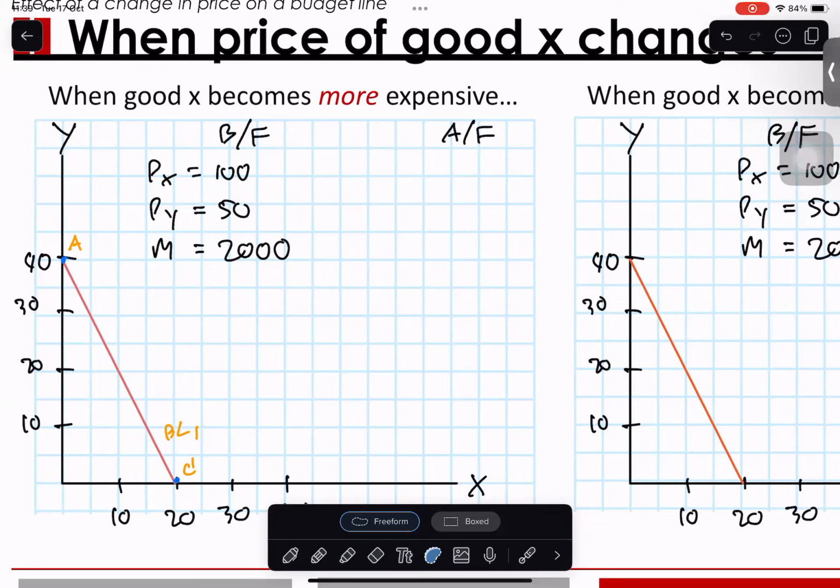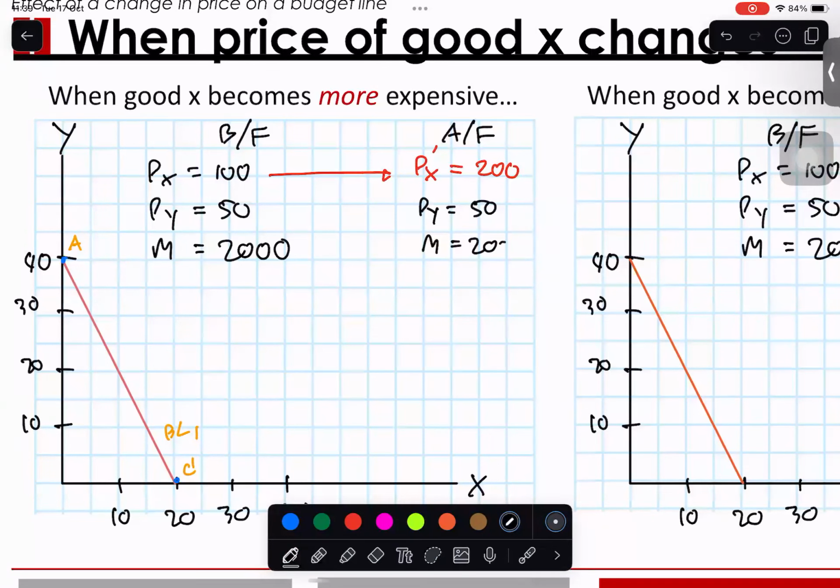Scenario 1, when pizza becomes more expensive, let's say, double. PY remains the same. M remains the same.